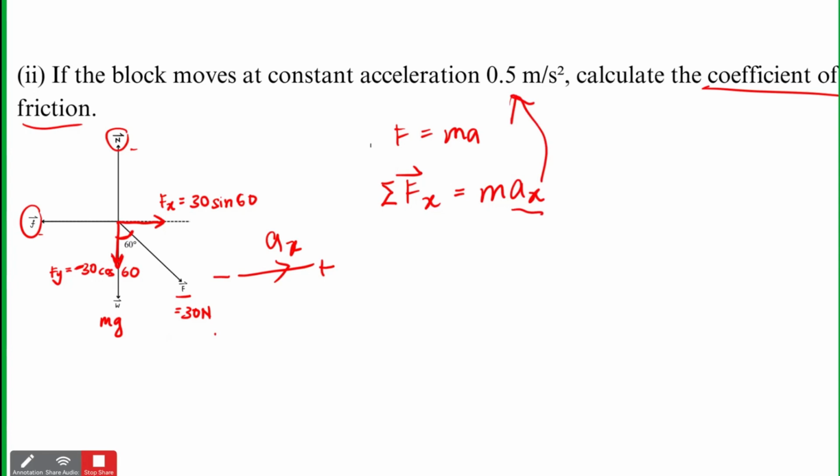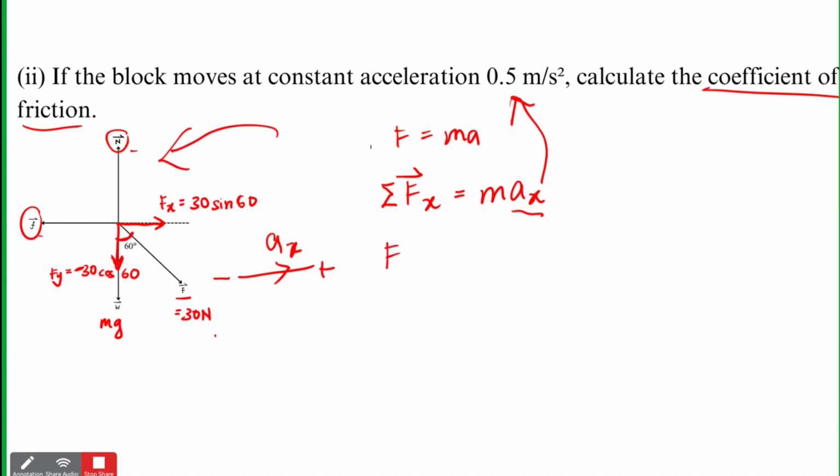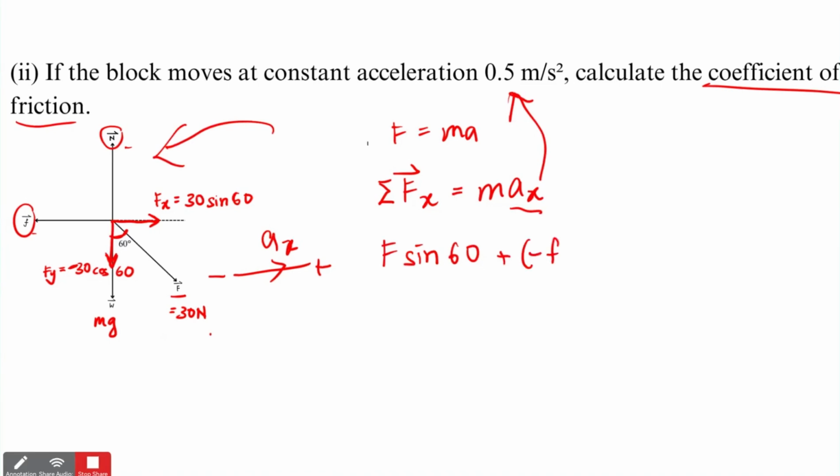We have to resolve Fx first and substitute all the formulas inside. From this diagram, Fx consists of F sine 60 plus the negative friction force. The friction is a negative value because it points towards the left hand side, and it equals max.